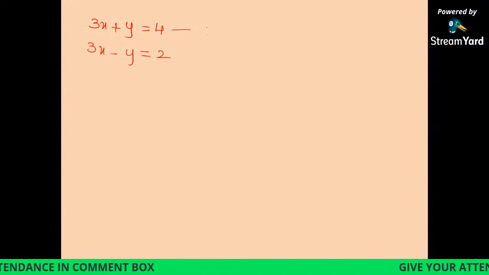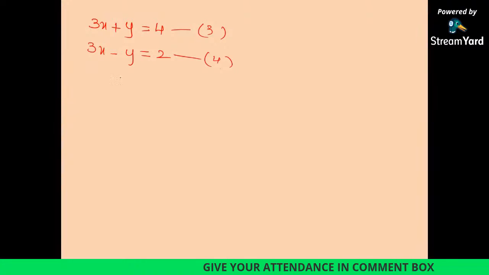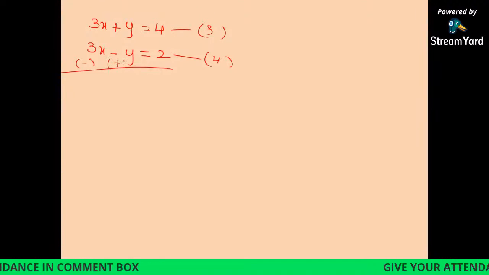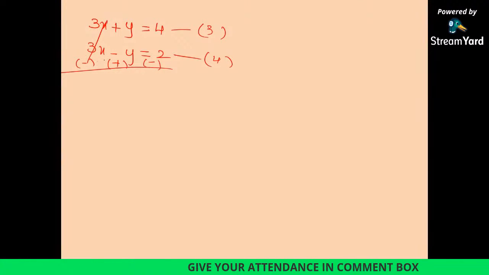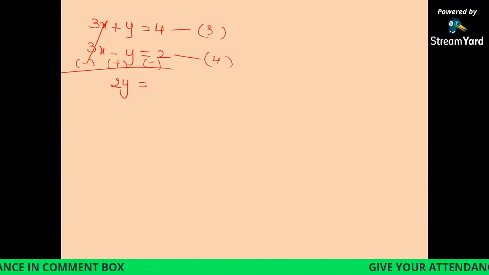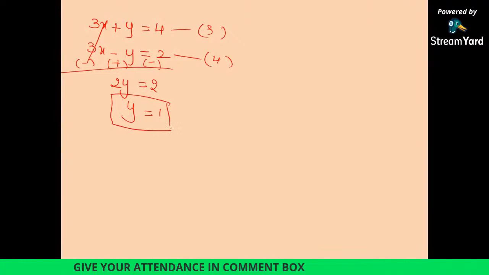Again, as they are linear equations with two variables, here as coefficients are same, directly we will go for the step of changing the sign. 3x minus 3x get cancels, y plus y is going to 2y, 4 minus 2 is 2, y is equal to 1. We got the value for y as 1.